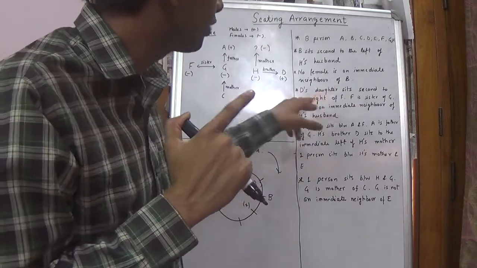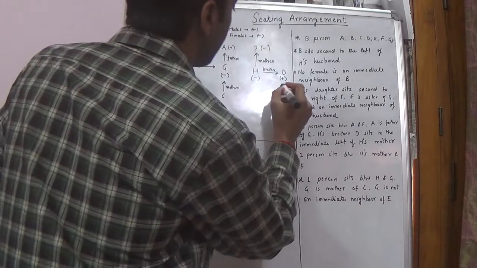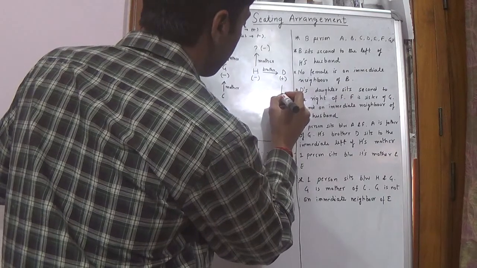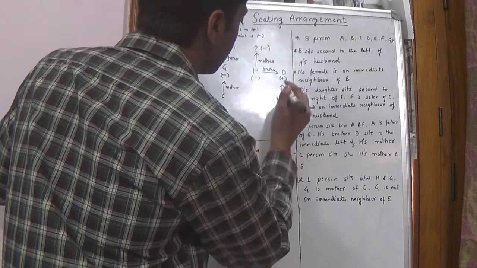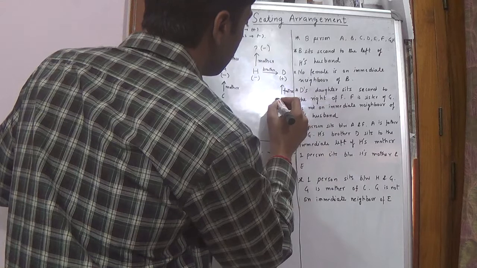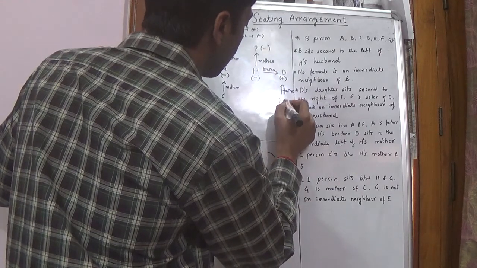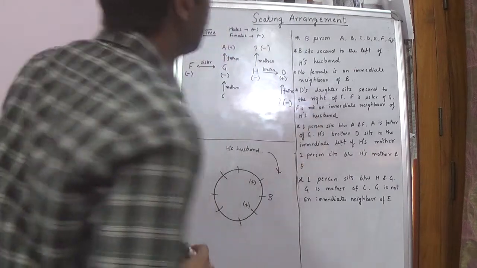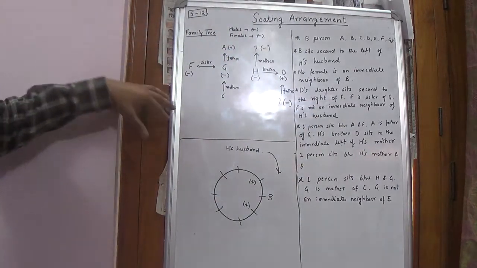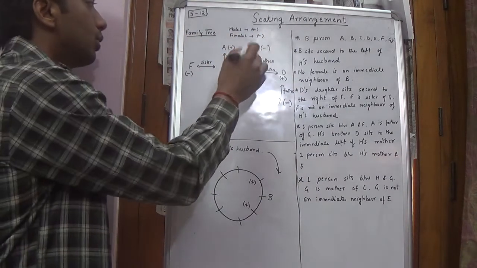D's daughter sits second to the right of F. So D's daughter would be somewhere here. D is father and this is daughter. So we don't know the name, double question mark, but we know she's a daughter. So a negative sign.